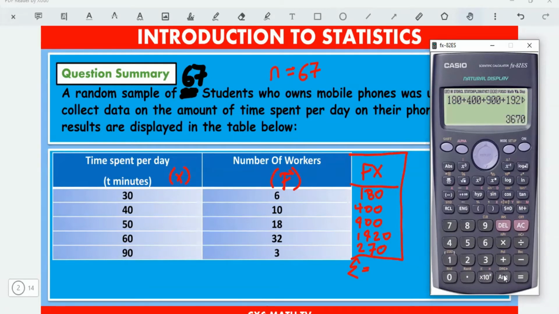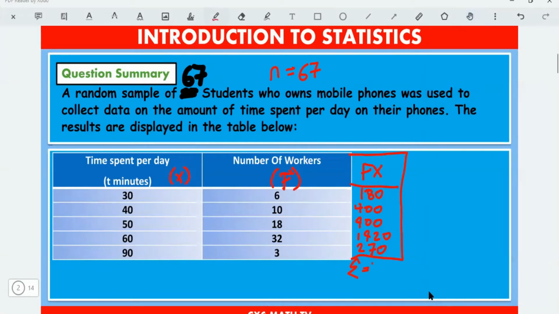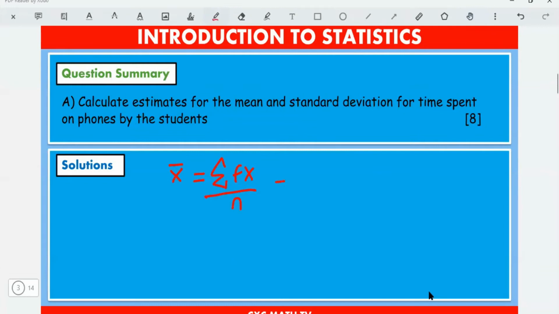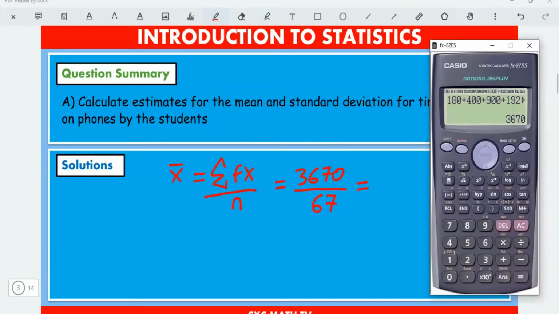Adding all of these, what we get is 3,670. So we know that the mean is going to be 3,670 divided by n. What was n? n was 67. So we divide that by 67 in the calculator, and that is the mean.